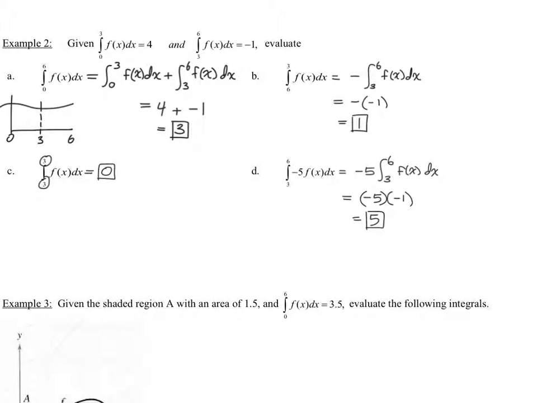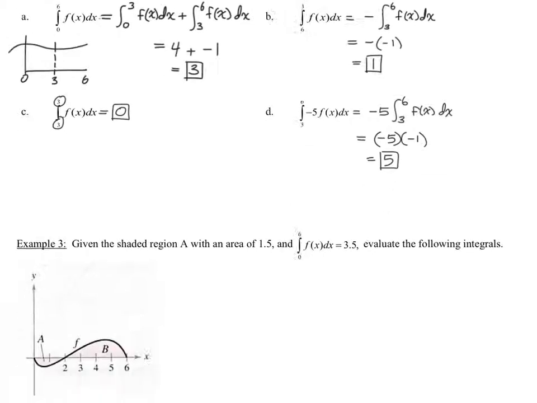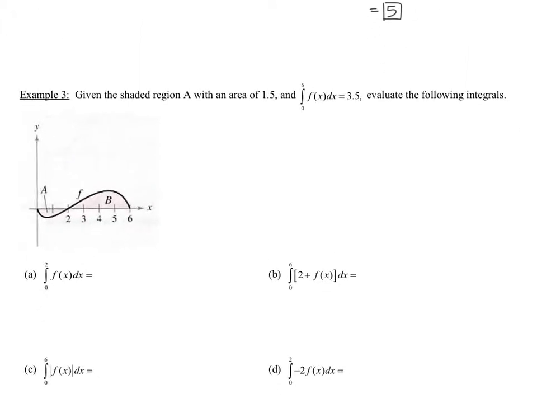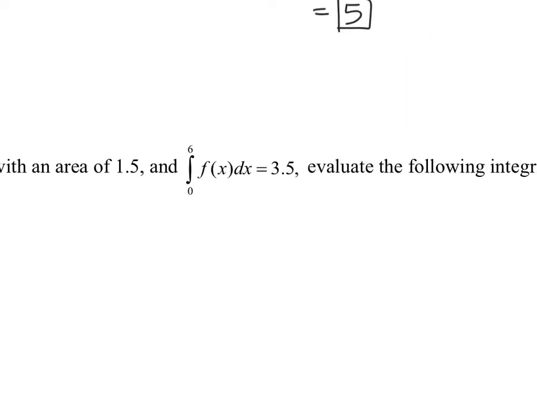All right, same idea with the next example. This one might even be a little juicier because it requires you to really fully understand what a definite integral is telling you. Right? What it's actually giving us is the net area over an interval.